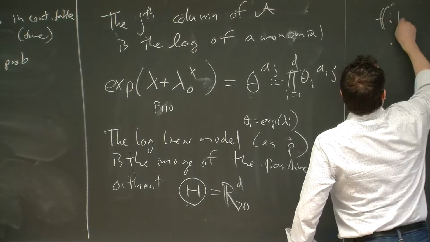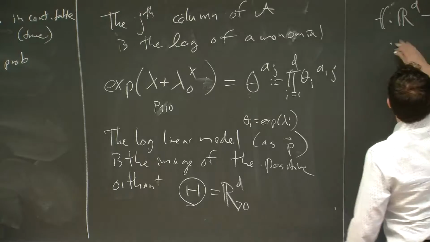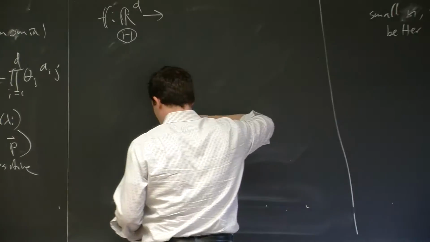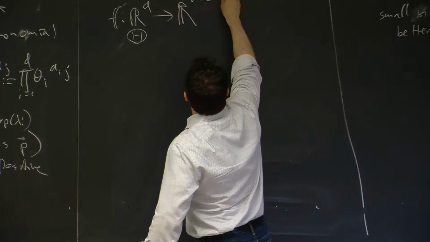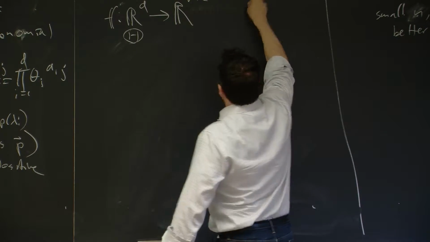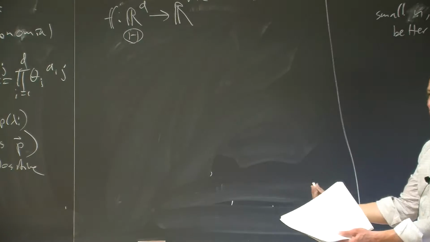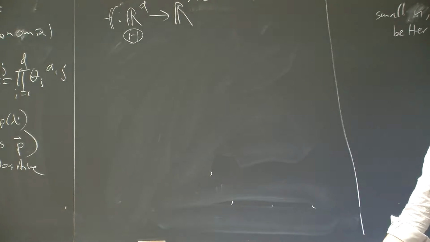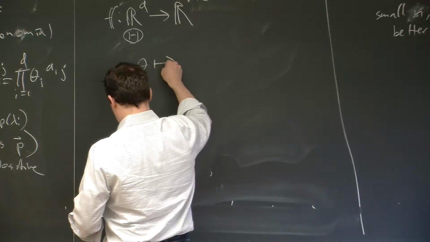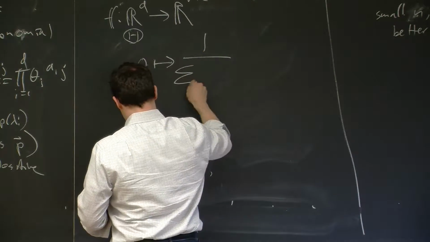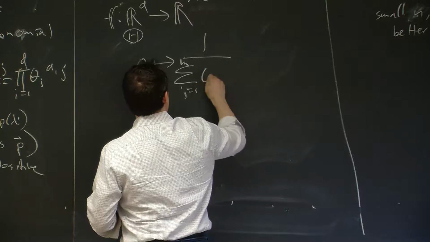Let's call it F, that goes from R^d, or theta, positive part, to R^m, where m is the number of cells, right? Which gives me, for each choice of parameters, a probability distribution. It gives me a model. I can write that as theta goes to the sum over all of these.